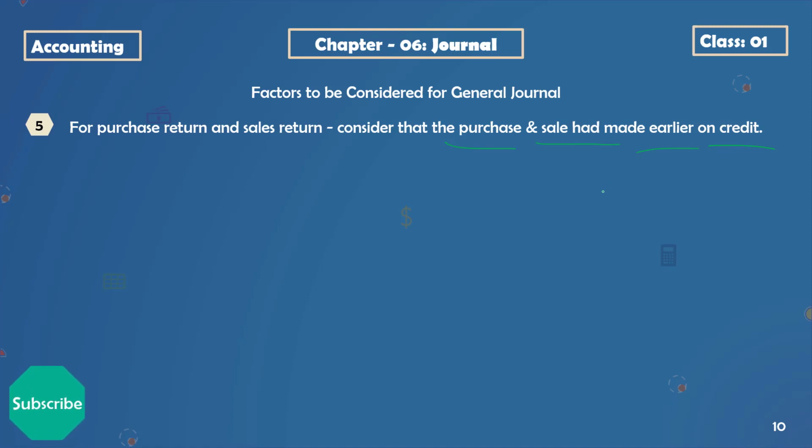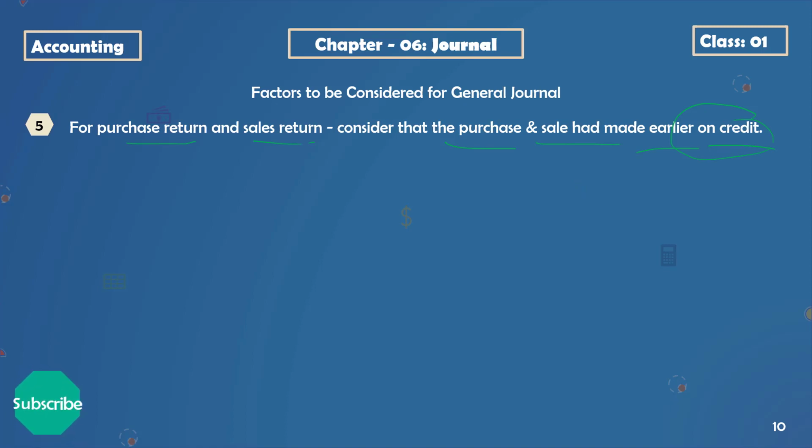Please follow this factor very carefully. Most of the students make mistakes regarding this transaction, and the fact is, for purchase return and sales return, you have to consider that the past or earlier transaction was made on credit, and you have to journalize the transaction accordingly.